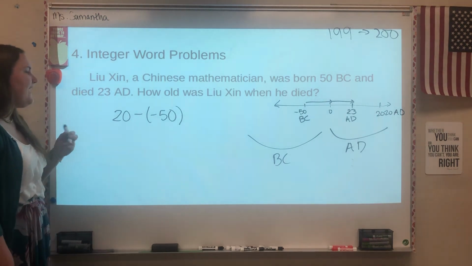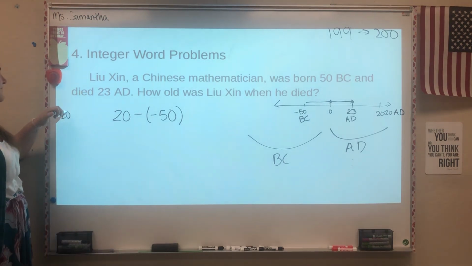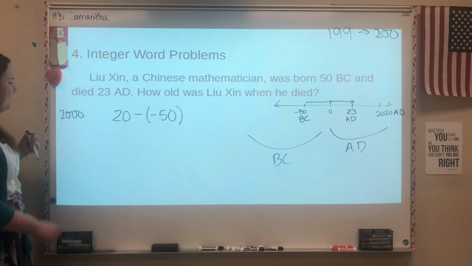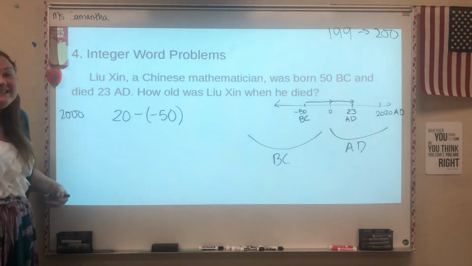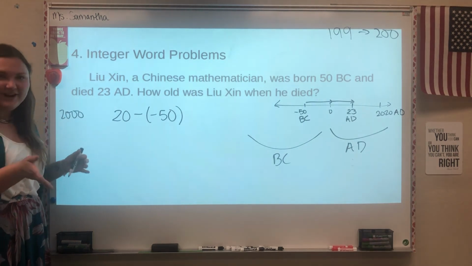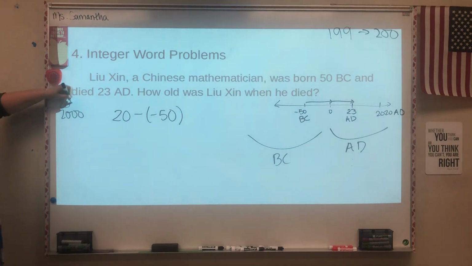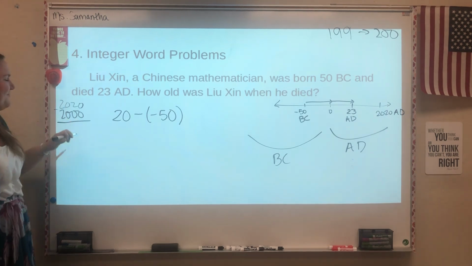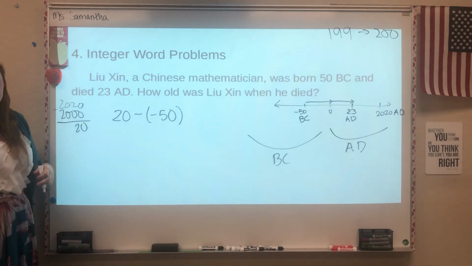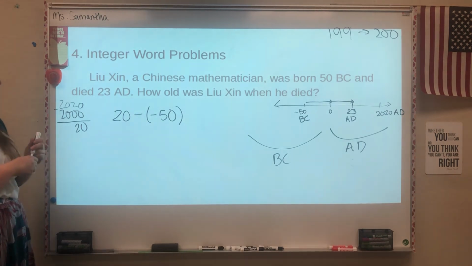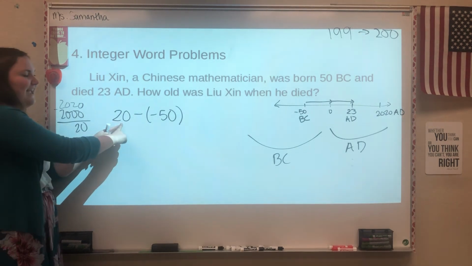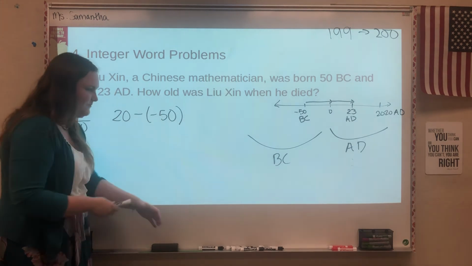Just like if I was born in 2000 and then died this year in 2020, which I'm not planning on doing, I would subtract the year I was born from the year I died to see I was 20 years old. It's the same idea. We're taking the year he died and subtracting the year he was born.